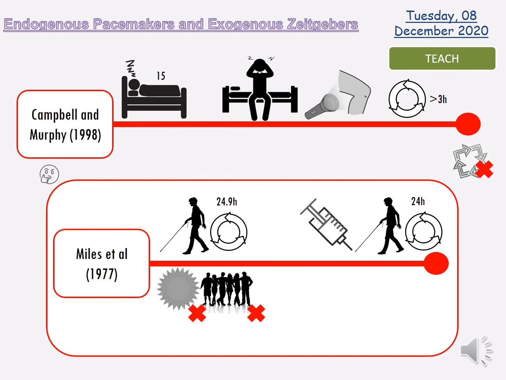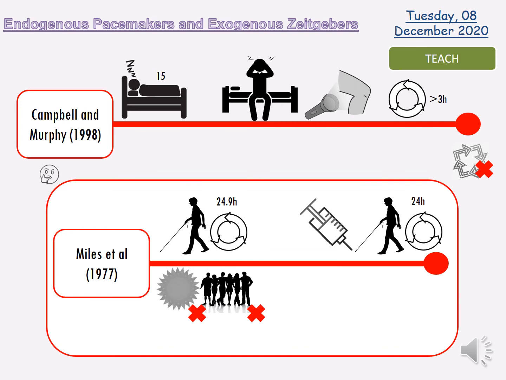In terms of one of the contradictory studies, we can have a look at Miles et al.'s study of a blind man in 1977. Now, this is an idiographic study, so it's a study of one person. This blind man had a sleep-wake cycle of 24.9 hours, had no light as a cue, and there were no social cues either because he lived on his own and did not mix with other people.